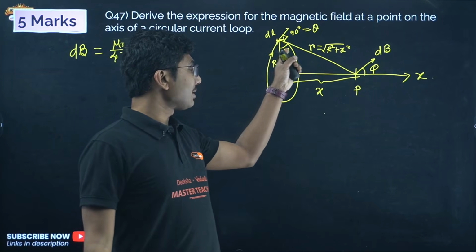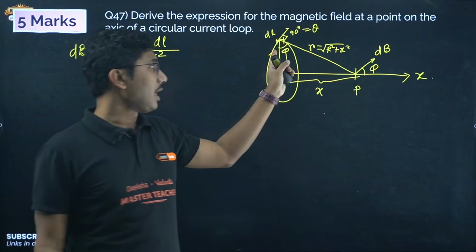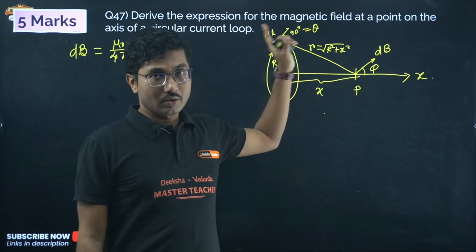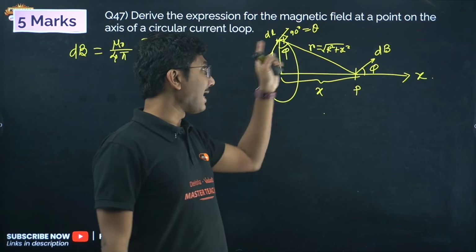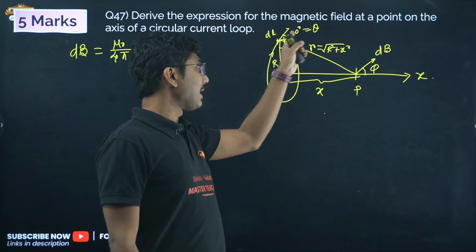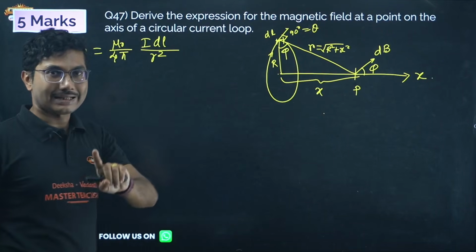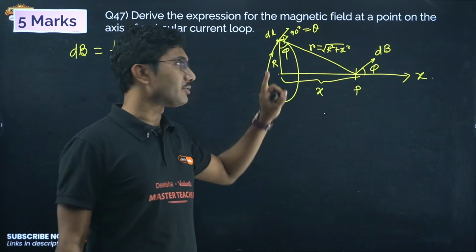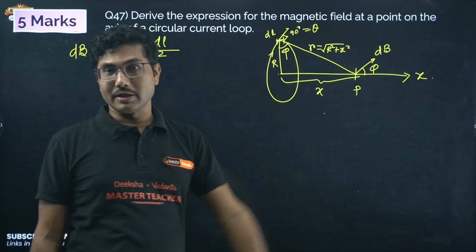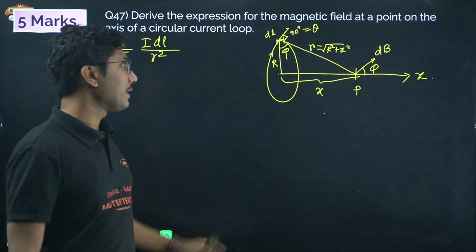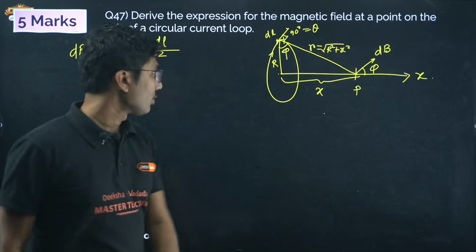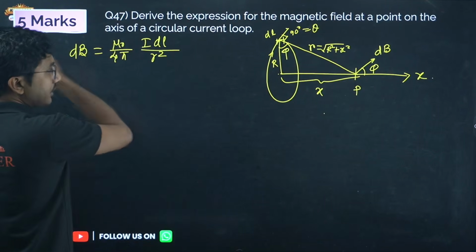Do not mark this as theta. This is a different angle than theta. In Biot-Savart's law we have a sine theta. That theta is 90 degrees, and that is different from this phi. So do not mark this angle as theta. Many textbooks and many teachers might use theta here, but do not do that. You have to mark it as phi. So this is dB equals mu naught by 4 pi I dl by r square.